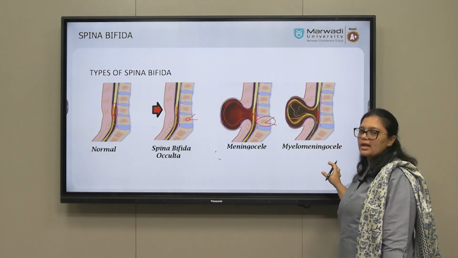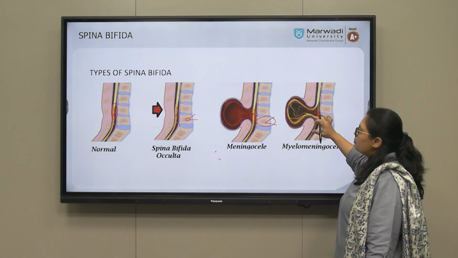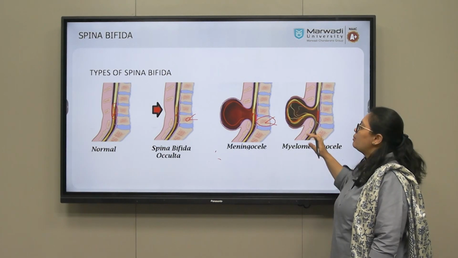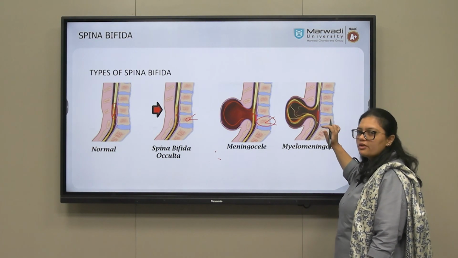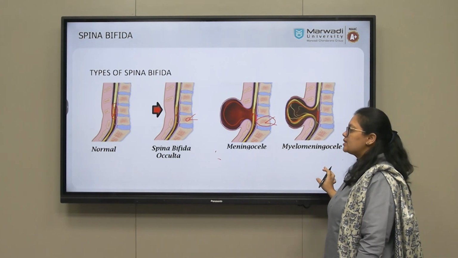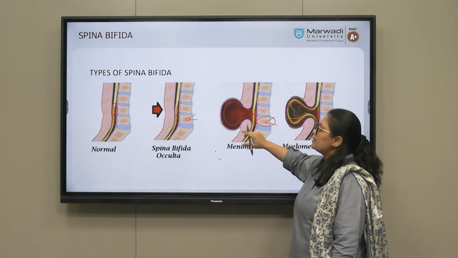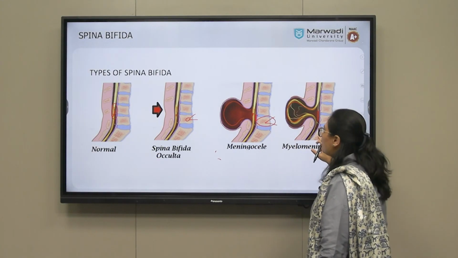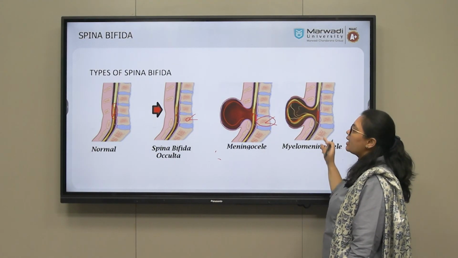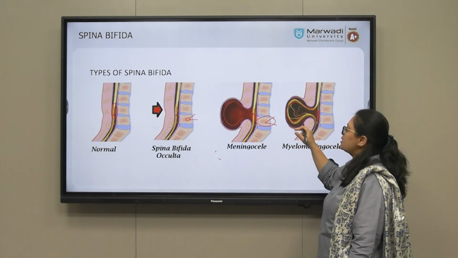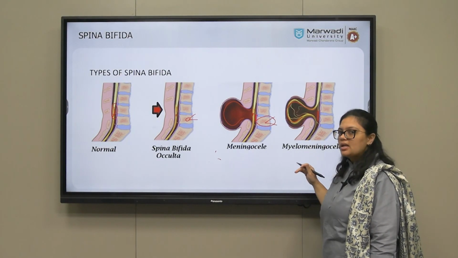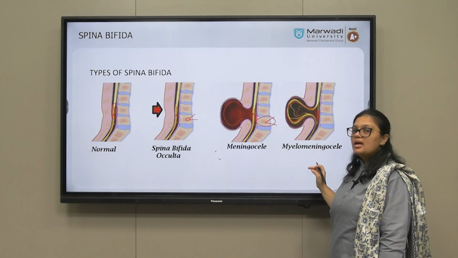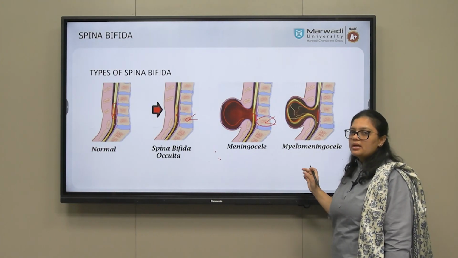And here this is myelomeningocele, where the meninges along with the neural tube or nerve fibers also come out, and that is why we will have more complications. In meningocele there is only a protrusion of the meninges, but here along with the protrusion of the meninges we will also have the nerve fibers. When the nerve fibers are coming out, it is definitely going to affect the lower part of your body. Depending upon which area of the spinal cord is affected, you will have issues with the respective part of the body.